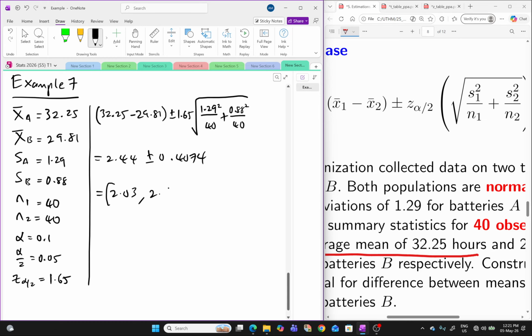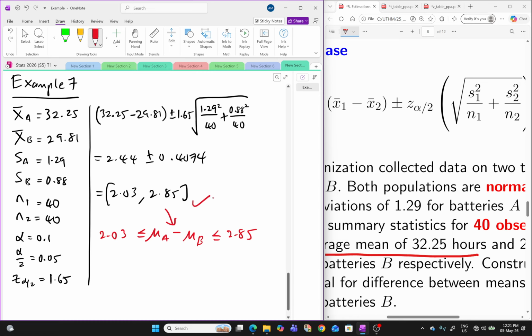You better practice all these things. You get this answer. Basically, what is this? So the difference between population A and B is in between these values, but you can leave the answer like this.